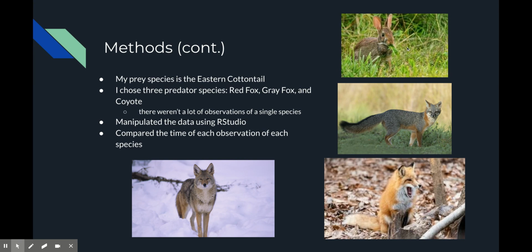These are the species I chose. You've got the eastern cottontail, gray fox, red fox, and the coyote underneath the bullet points. So yeah, there weren't a lot of observations of a single predator species, so I just chose 3 to increase that sample size.